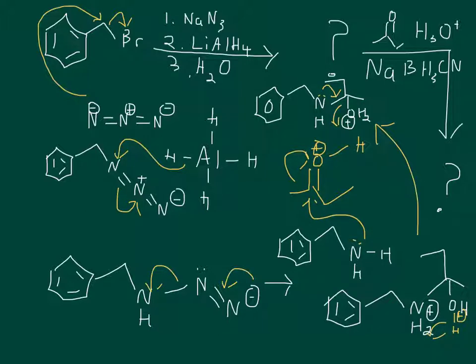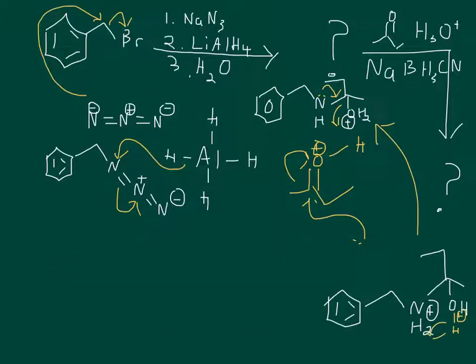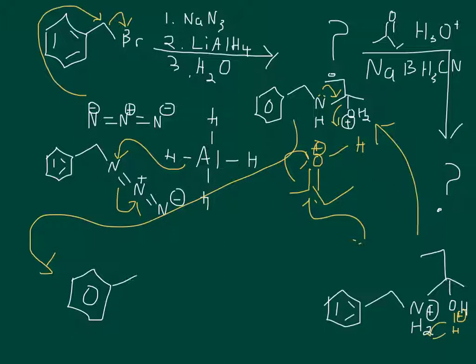Now, I'm running out of room, so I'm going to have to erase quite a bit of this and draw this again to show the final product, which is we're just going to see the imine created since we created a double bond between the nitrogen and the carbon. So I'm going to finish up drawing that, and in this case, that's all she wrote.